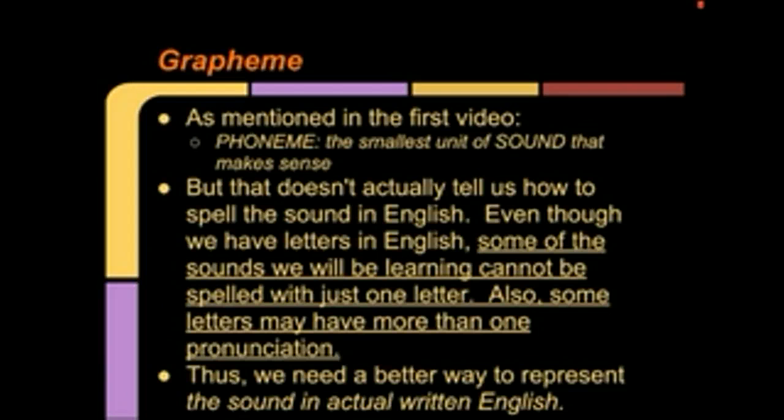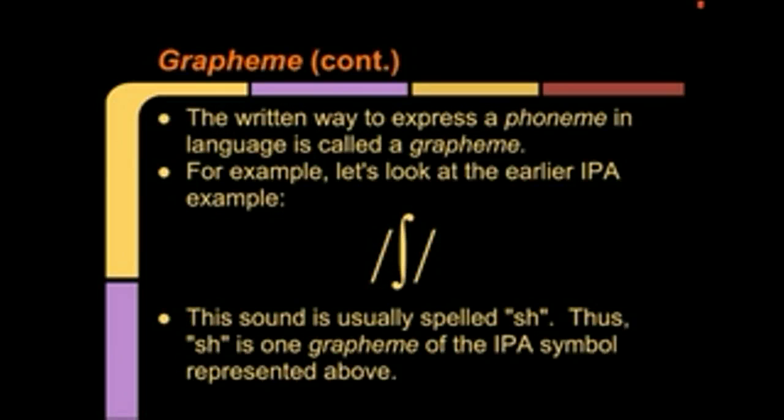Even though we have letters in English, some of the sounds we will be learning cannot be spelled with just one letter. Also, some letters may have more than one pronunciation. Thus, we need a better way to represent the sound in actual written English. The written way to express a phoneme in language is called a grapheme.